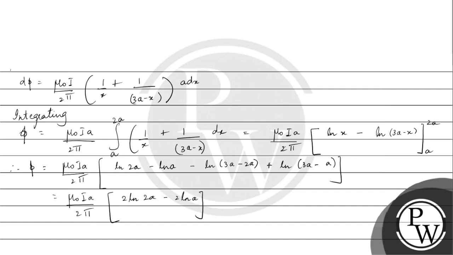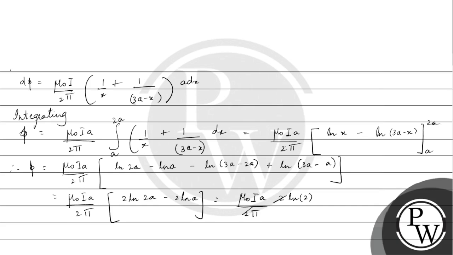तो इसको हम और भी further simplify करेंगे. So we will get this as mu naught I into a by 2 pi into 2 ln 2. तो 2 और 2 cancel करते हैं.